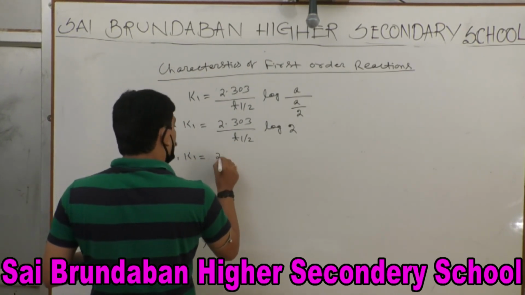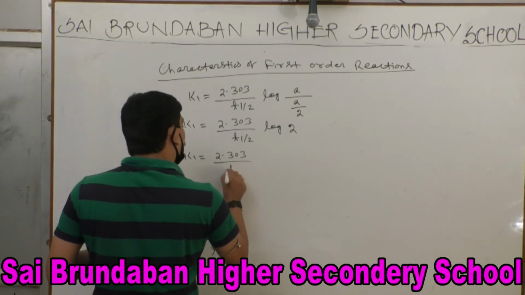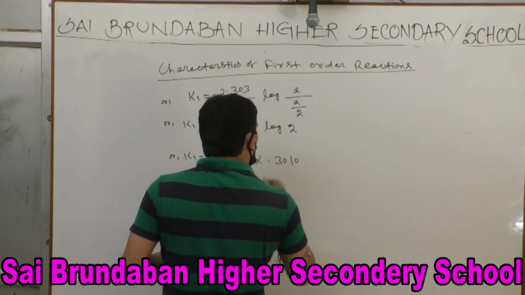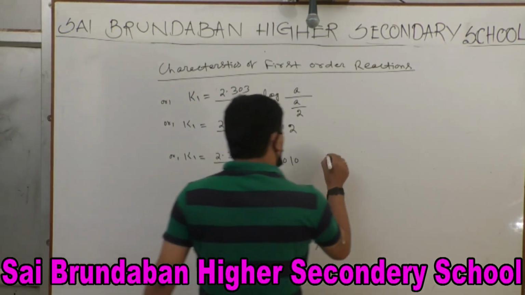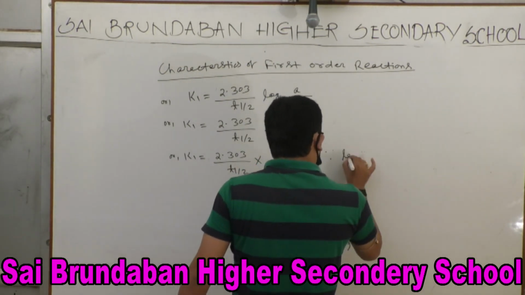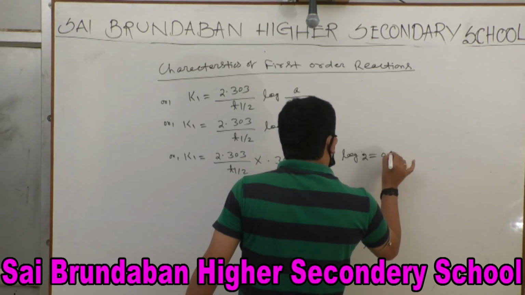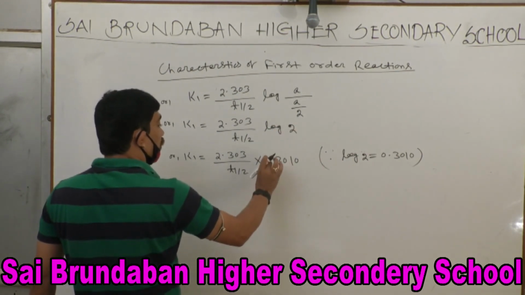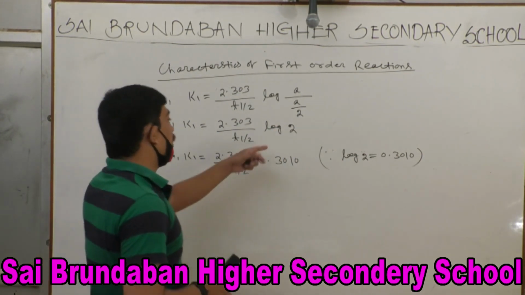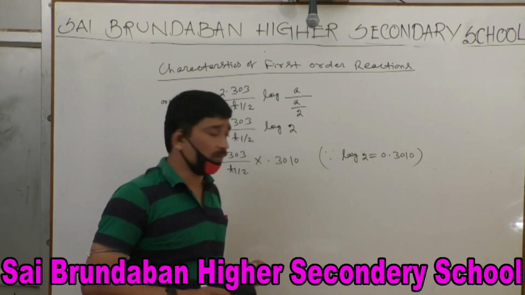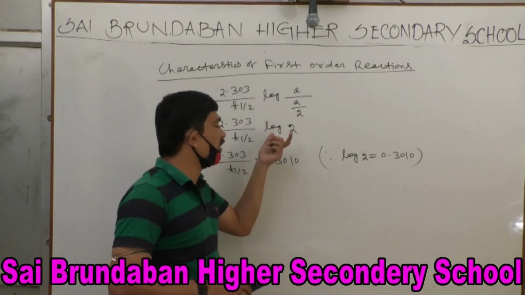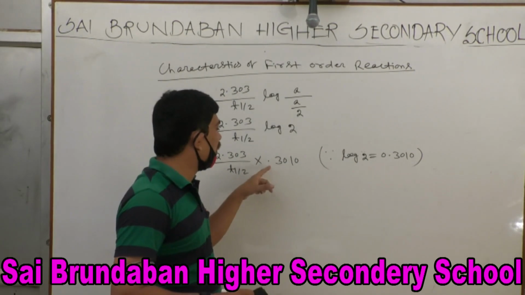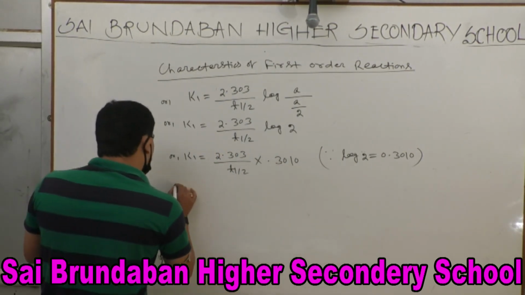Log 2 value is 0.3010. You will remember that log 2 equal to 0.3010. You can observe this in the log table. Generally log tables are given in the exam also, but you will remember the log 2 value 0.3010.